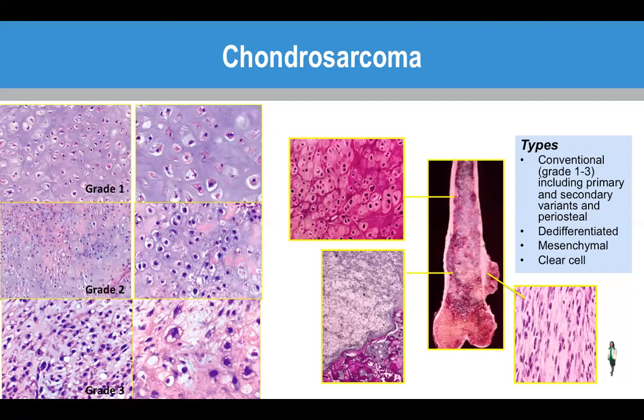Chondrosarcoma has the conventional type, including primary and secondary variants, and the periosteal type. In addition to the conventional chondrosarcoma, there is also dedifferentiated chondrosarcoma, mesenchymal chondrosarcoma, and clear cell chondrosarcoma. So here is an example of chondrosarcoma.